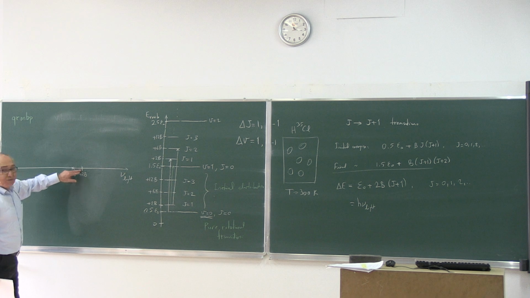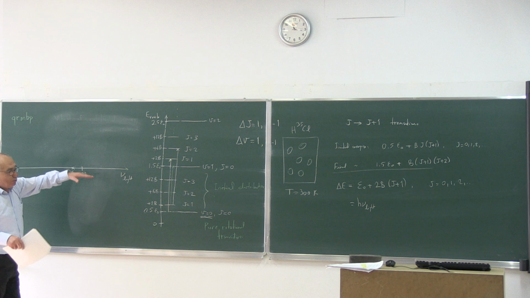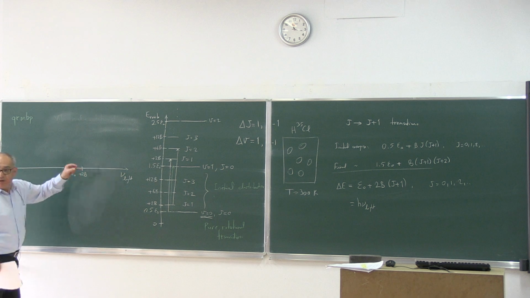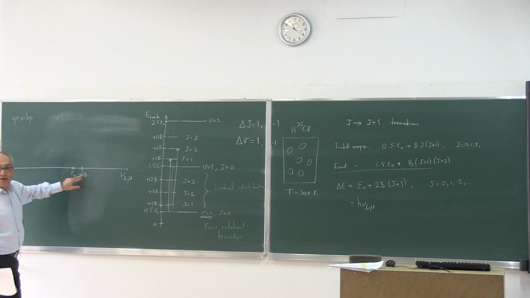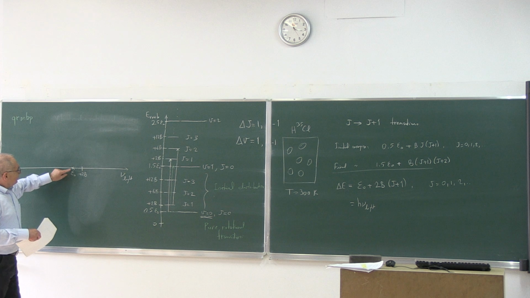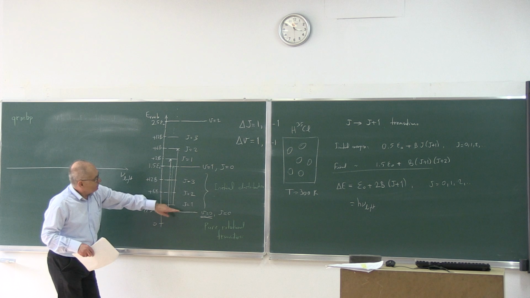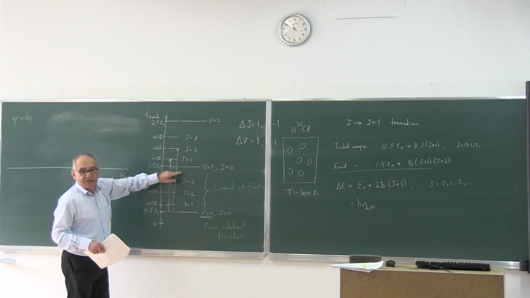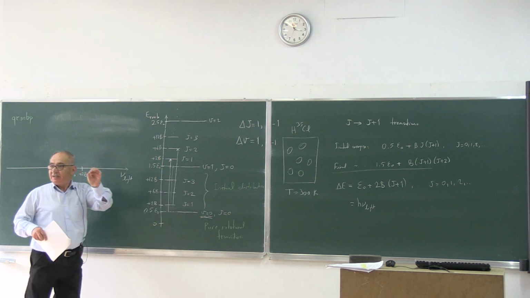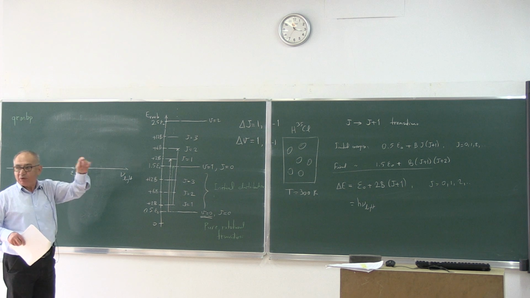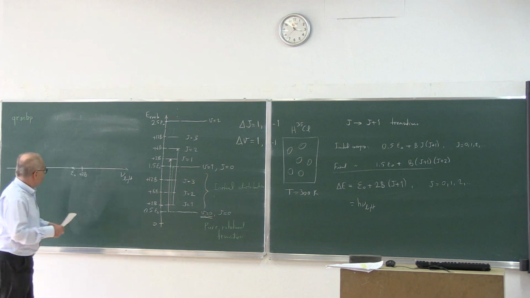This is one of the photons that could be absorbed by the molecules in this sample. Numerical value is F0 plus 2B. Okay? There is no absorption at this point because this corresponds to J equals 0 to J equals 0 transition, which is forbidden. Delta J must change, either plus 1 or minus 1 in this transition.